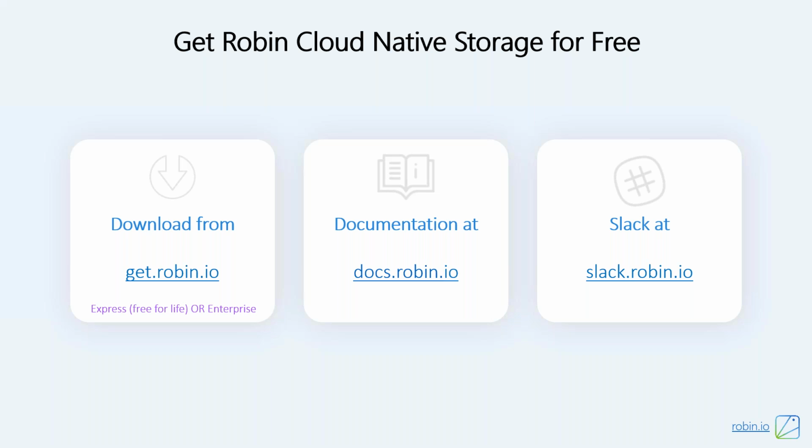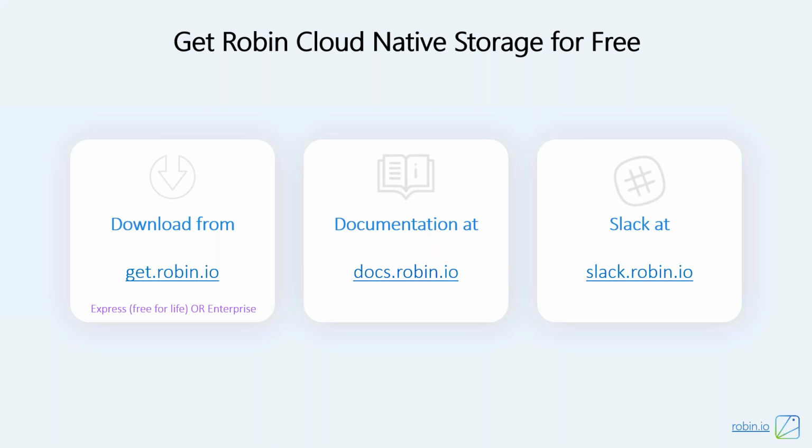Yes, so we are on Red Hat Marketplace. You can find us on Red Hat Marketplace as well as Google Cloud Marketplace. We are working on AWS and Azure, but at the same time, since it is a standard operator, it's pretty easy. You can go to get.robin.io and register, and you can see there are different deployment options available.